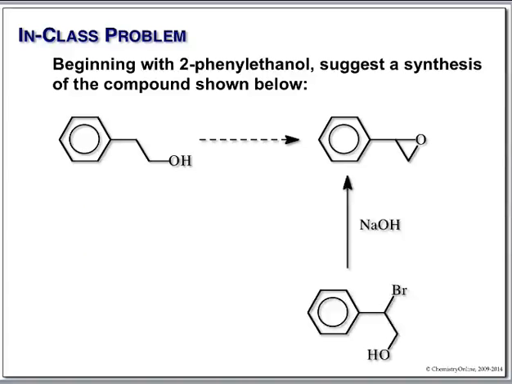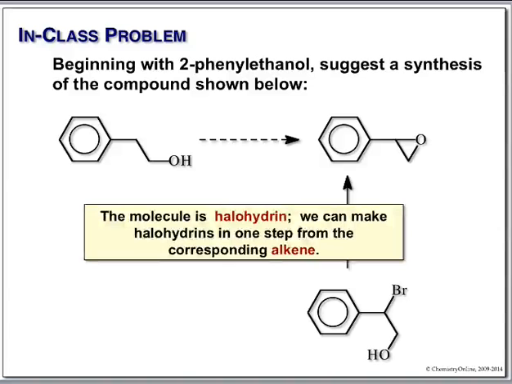Now, how do you make a halohydrin? Think back to chapter 6. We make a halohydrin with an alkene and HOBr. What's the alkene going to look like?